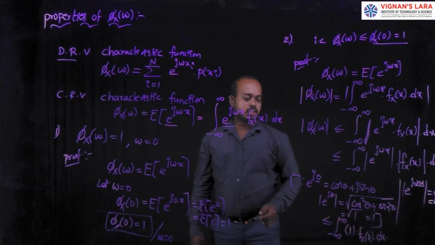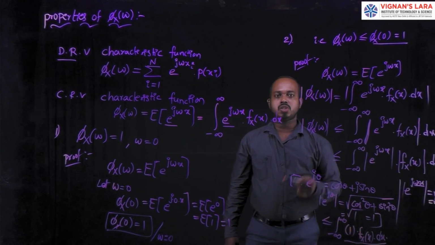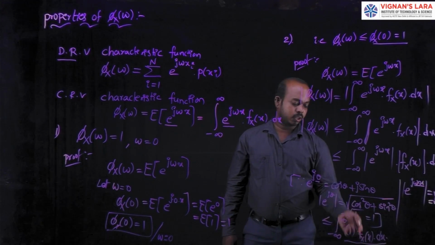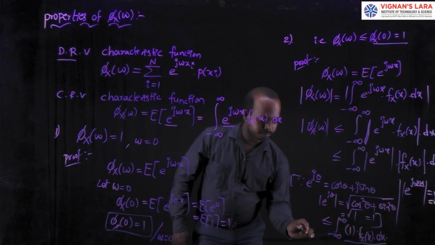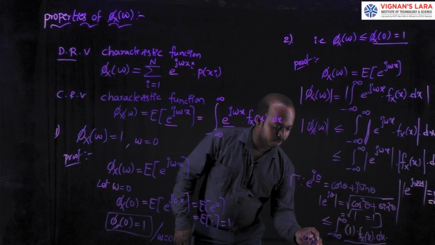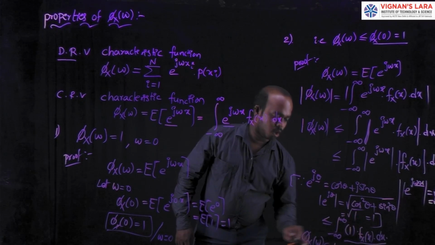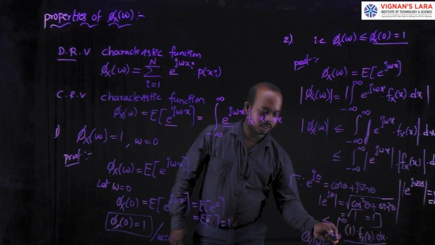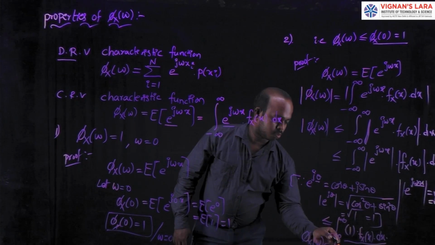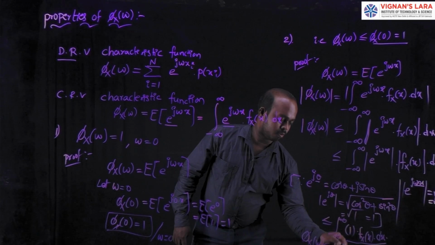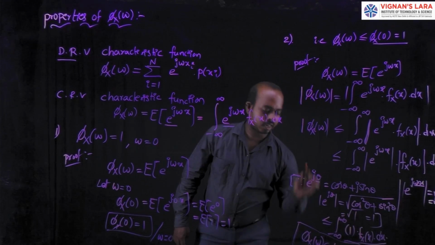This integral is the property of the density function, according to which the quantity is 1. So phi x of omega is less than or equal to 1. This appears when omega is equal to 0 in the characteristic function, so this quantity is equal to phi x of 0.